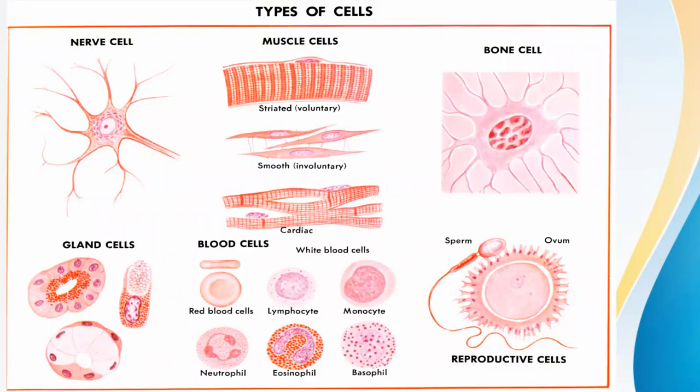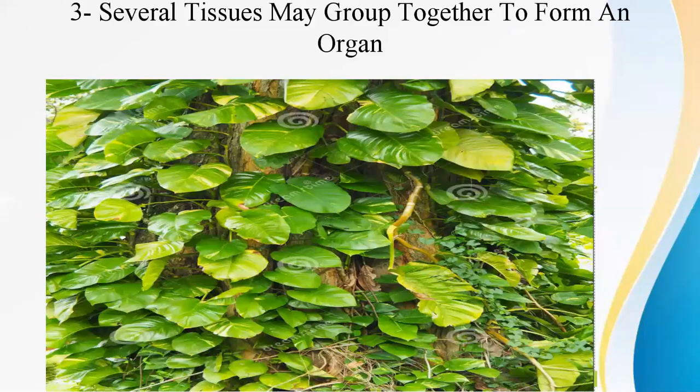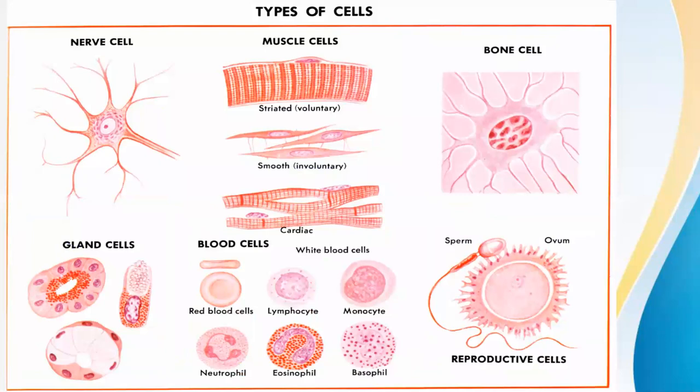Now you can see different pictures of the cells here. This is a nerve cell. It is connected with the nervous system and it carries messages. Next is the muscle cell. They are of three types. Now the next are gland cells, blood cells, bone cells, sperm, ovum, white blood cells.